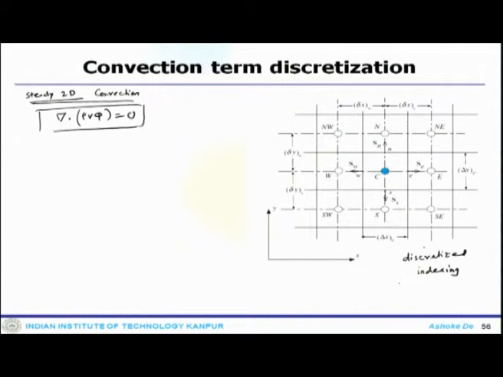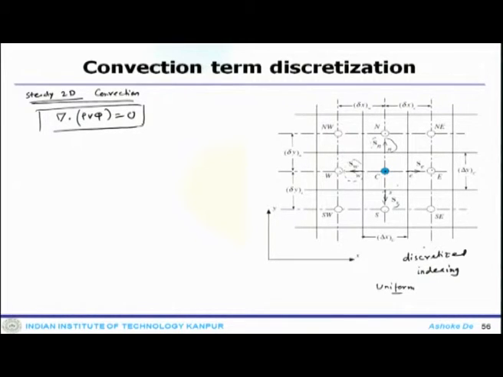Here again the grid is uniform and the cell we are interested in is the middle cell C. Then you have the east cell E, the west cell W, north N, south S, and the surrounding faces: the east face where the surface vector is S_E, the north face with surface vector S_N, the west face, and the south face.